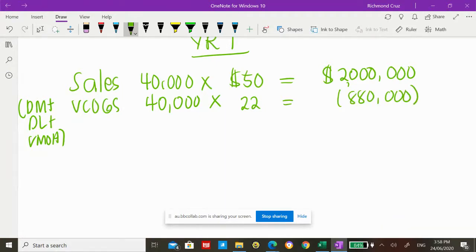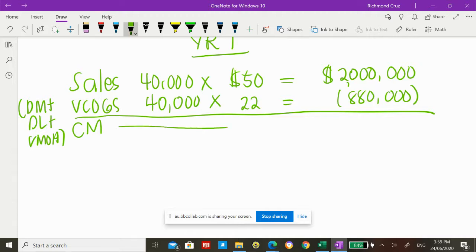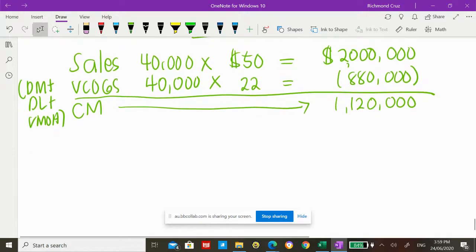There is no variable selling and administrative expenses. So therefore, the difference will give us the contribution margin, and that is 2 million minus 880,000, so this is 1,120,000. And after computing the contribution margin, we need to deduct the fixed costs. And we still have the fixed manufacturing overhead.